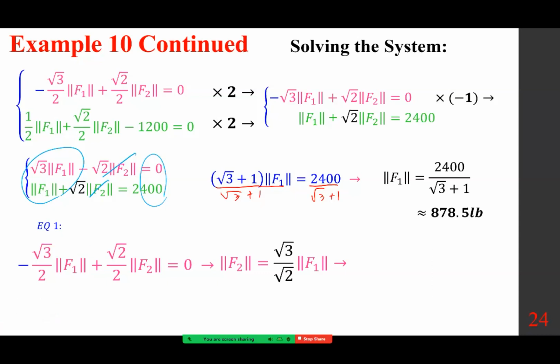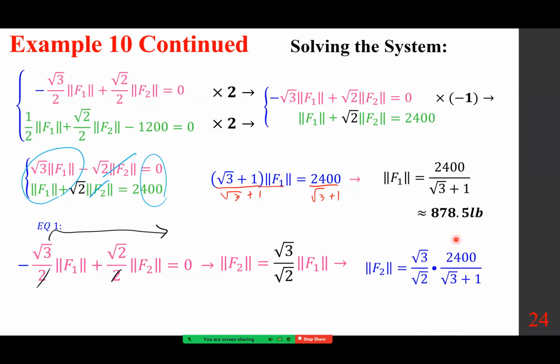In other words, you're multiplying both sides by 2. You take this to the right, and you divide it by square root of 2. So basically, this number times square root of 3 divided by square root of 2. And again, the reason I'm putting this is because I want it to be exact, and using a calculator, you end up with 1075.9 pounds. I showed you how to solve the system of equations. It's very straightforward.